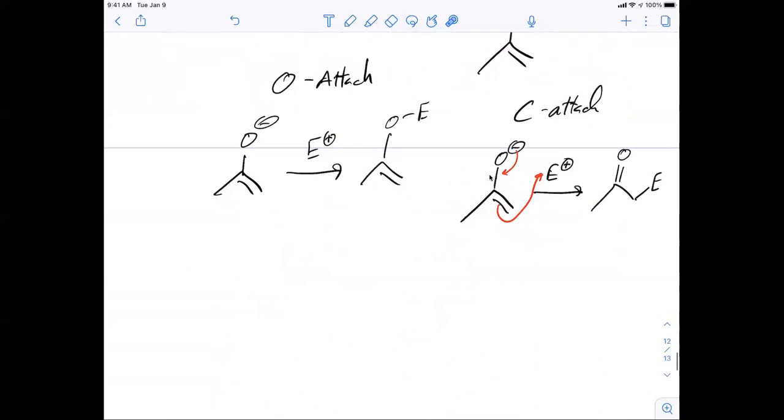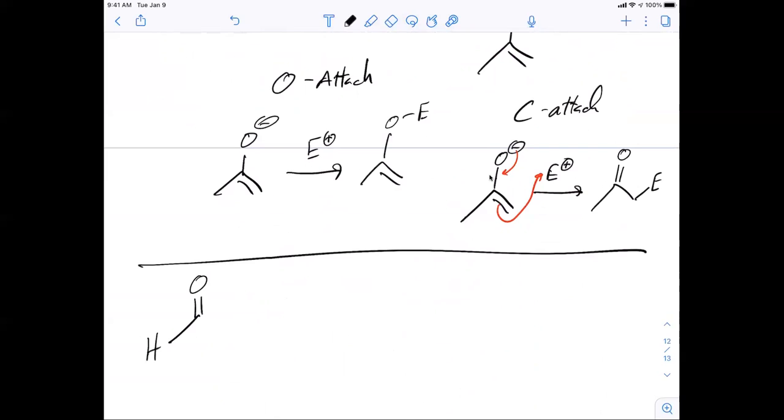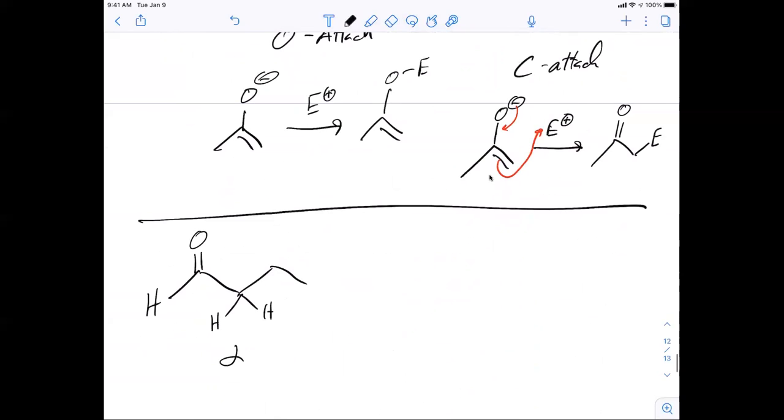Okay. As we talked about above, and I'm going to use an aldehyde here so we just have one side, these two hydrogens, these alpha hydrogens, are very acidic. And one of the things we'll have to do when we're doing enolate formation is look for our alpha hydrogens, identify our alpha hydrogens.